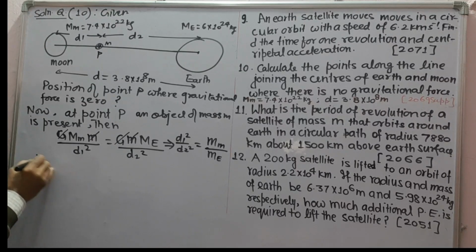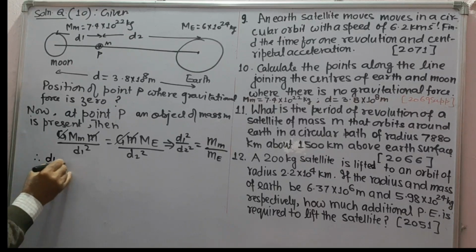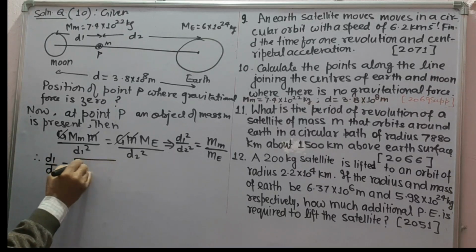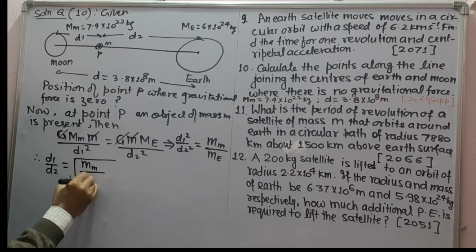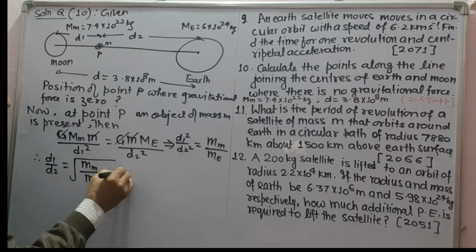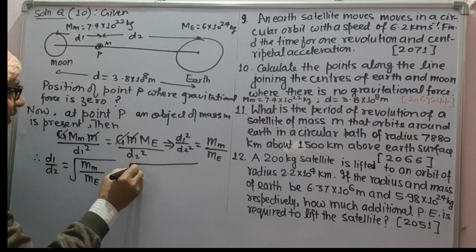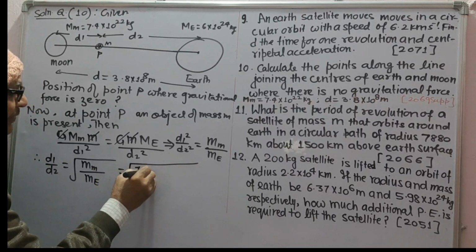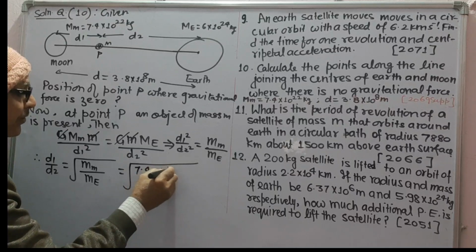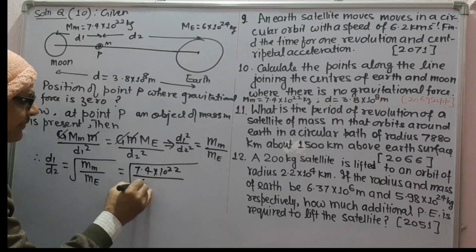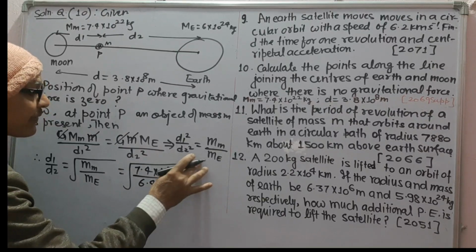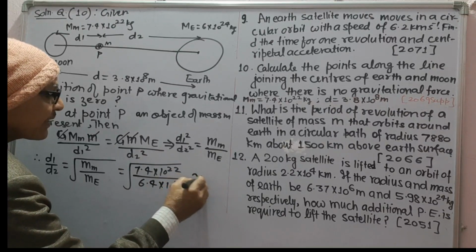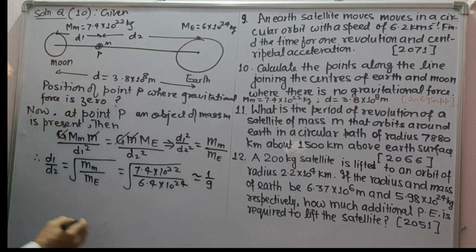Therefore D1 upon D2 will be equal to under root mass of Moon upon mass of Earth. Mass of Moon is 7.4 into 10 to power 22 and mass of Earth is 6.4 into 10 to power 24, which gives nearly 1 by 9.